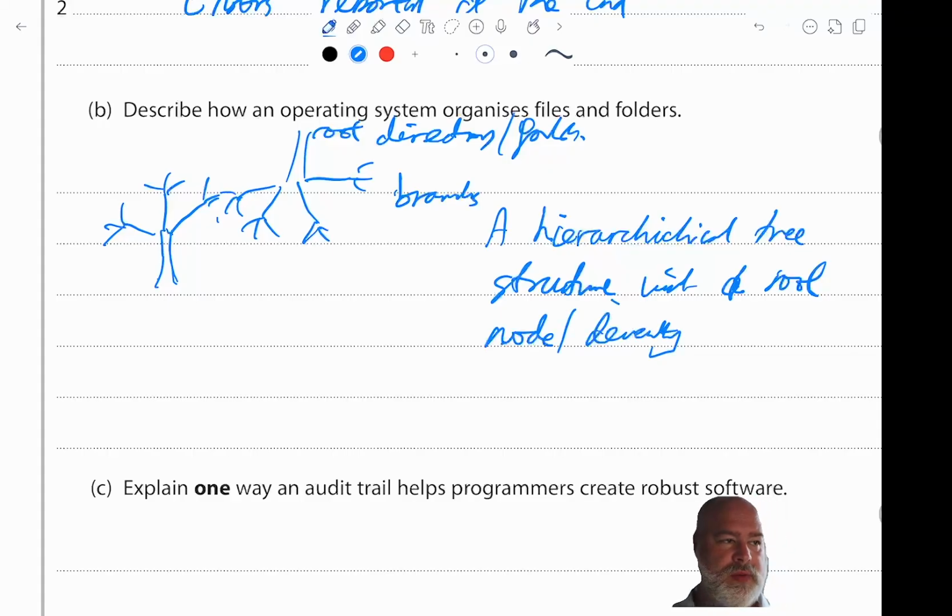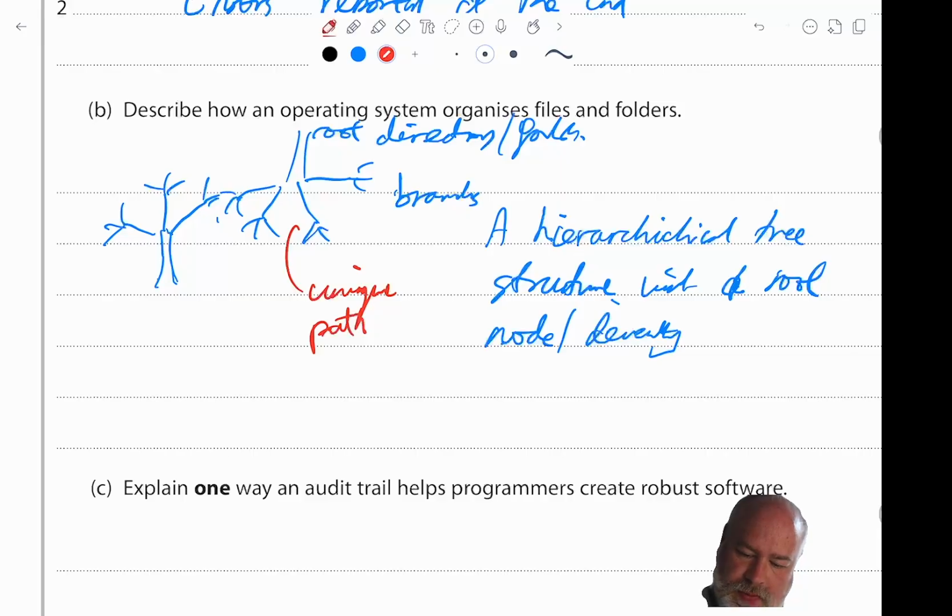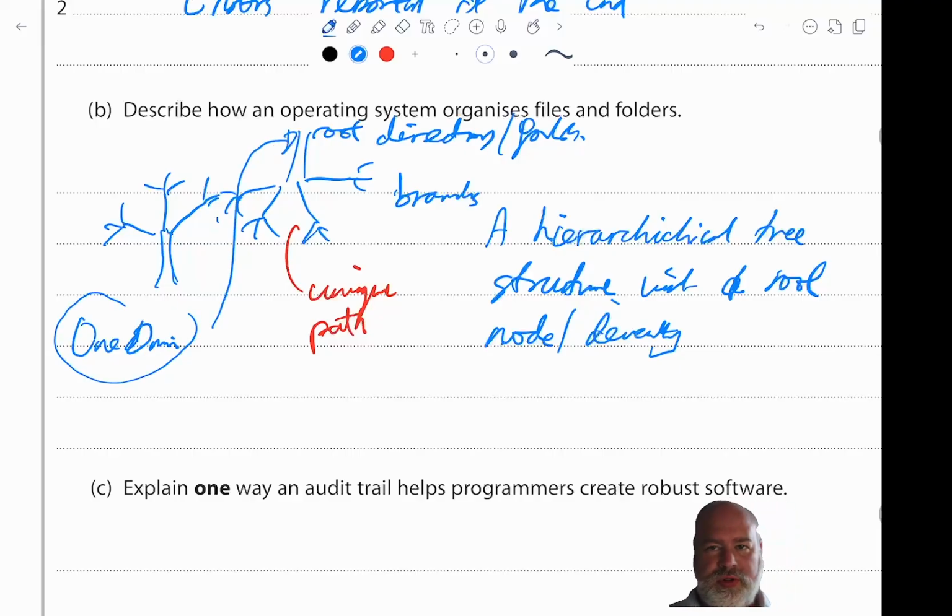Okay, that's the best way to remember. And each of these is a unique path that you can go down. So if you've got, say, I don't know, OneDrive, it's very likely at your school you might have a sort of root directory for OneDrive, and then all the folders sort of branching off it.